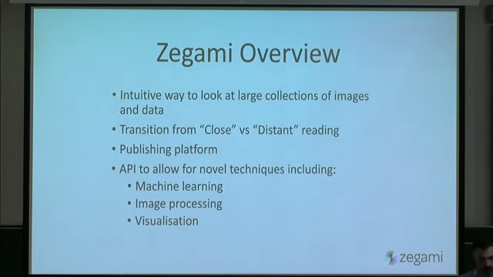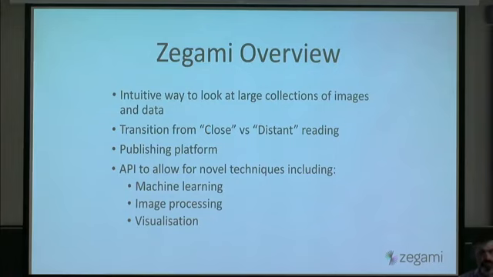The quick summary of what I demonstrated is that Zegami is an intuitive way to look at really large collections of images. Borrowing from the literary term, it allows you to do a distant reading, looking at the aggregate of the entire data set, and then zoom all the way into discrete items in a seamless way.